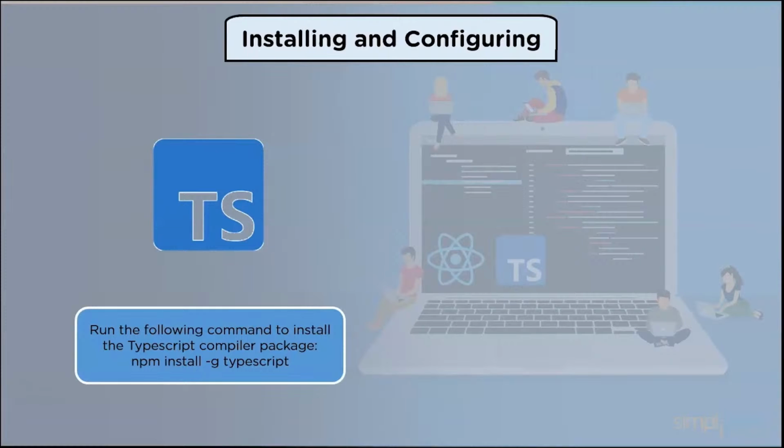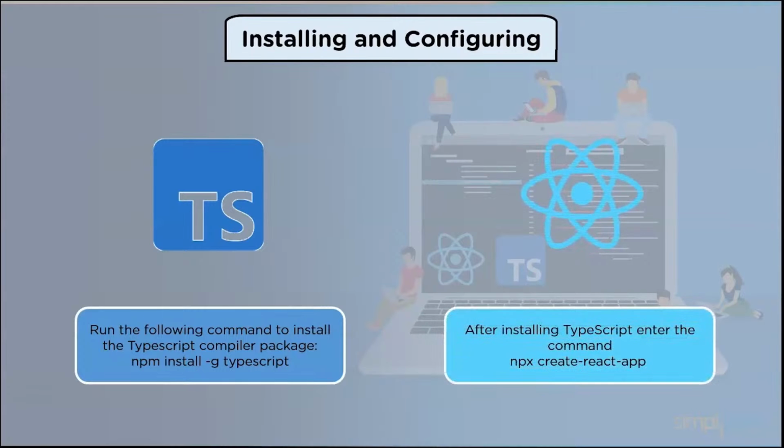This command is used to install TypeScript globally. Once you have installed TypeScript, to check if it is installed properly, run the command tsc -v to check the version of the TypeScript compiler.